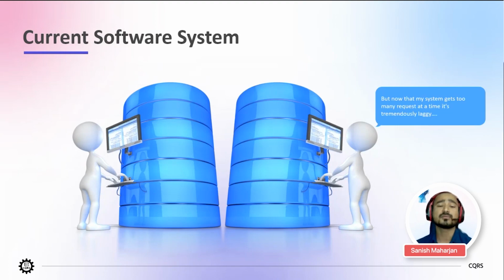Out of many approaches, we can implement horizontal scaling, we can implement vertical scaling, which means we can increase the server capacity, the storage and RAM, but that's not always enough. That's not always recommended as well.